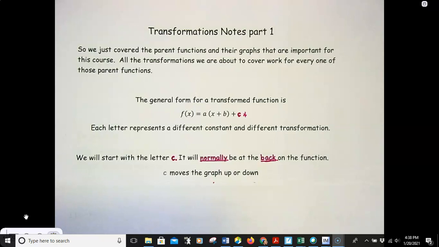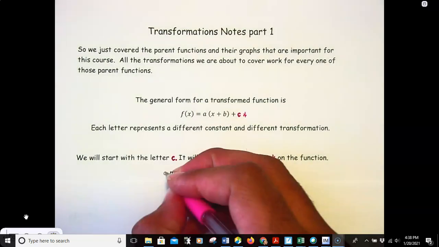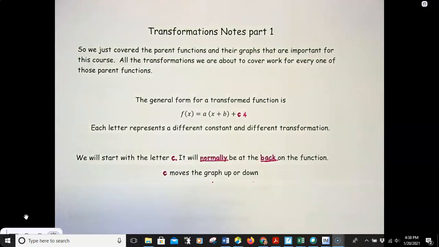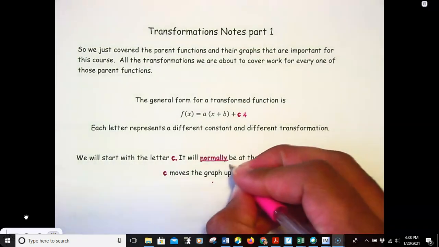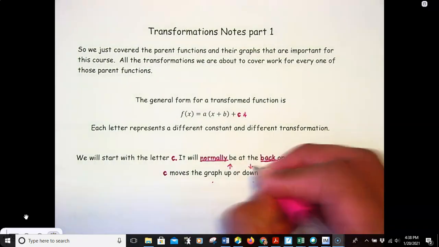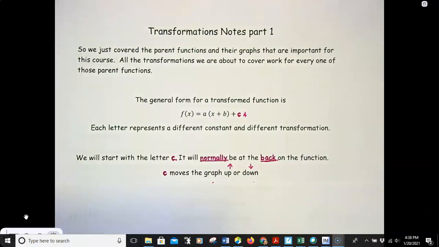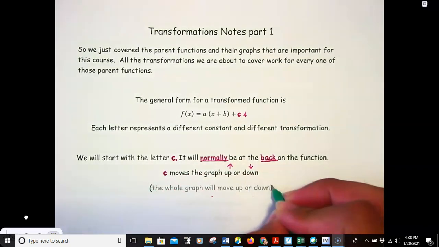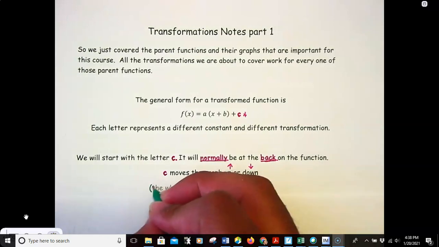Now C moves the graph up or down, depending on whether C is positive or negative. With this, we're not going to just move one point and that's it. The whole graph is going to have to go up or go down.